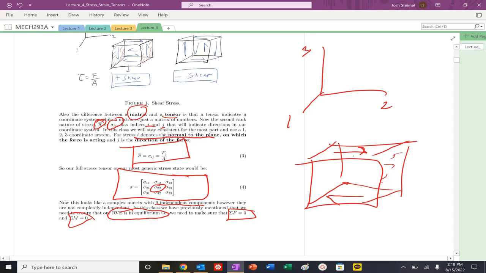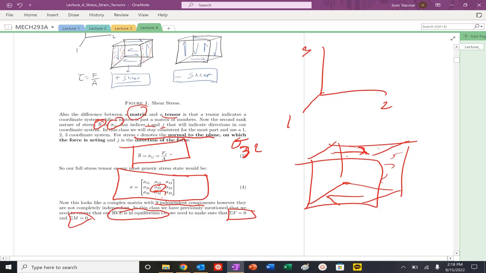What's the direction of this force? It's pointing in the 2 direction, so my j is in the 2 direction. What's the normal here? 3. Sigma 3,2. So that would exist right here.